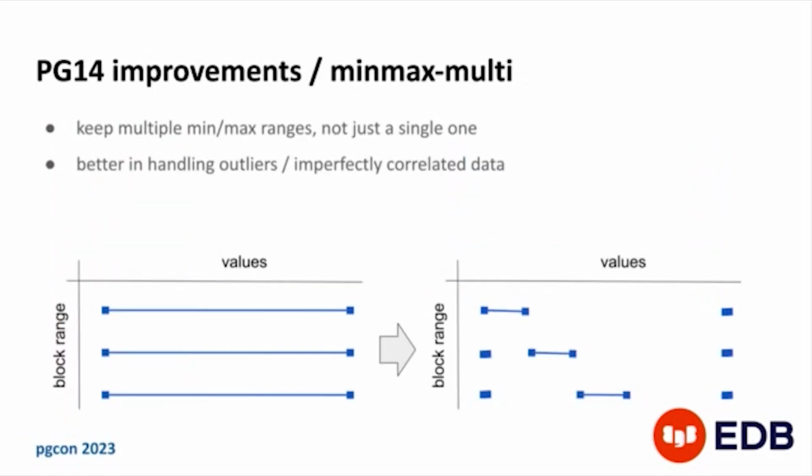Yeah. So, which leads me to the first improvement in Postgres 14, which is exactly about dealing with this sort of imperfectly correlated data, and that's min-max-multi, which is another operator class, which implements a slightly different summary. Instead of keeping just minimum and maximum, we keep multiple ranges, multiple intervals for each block range.